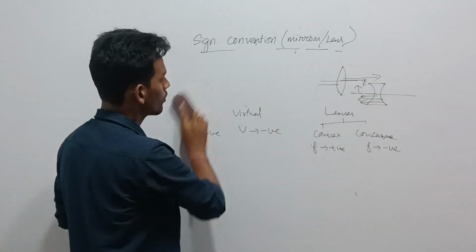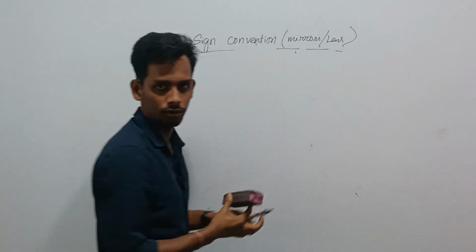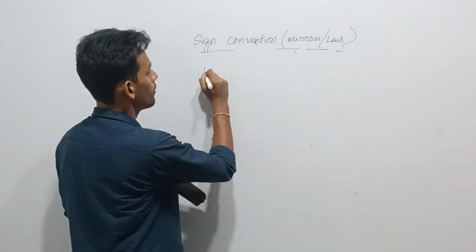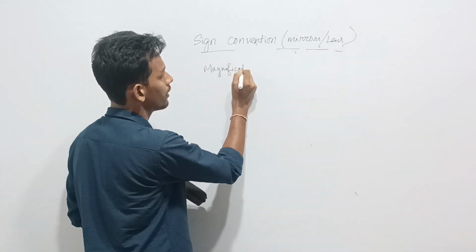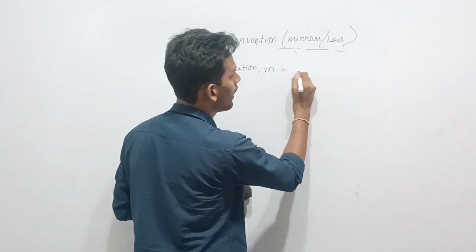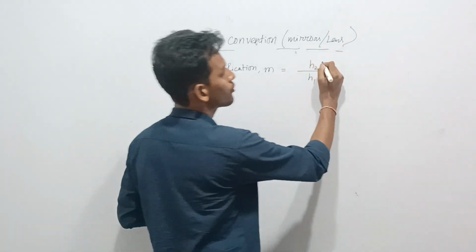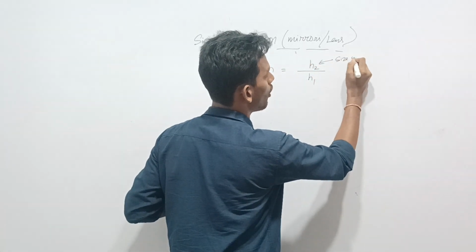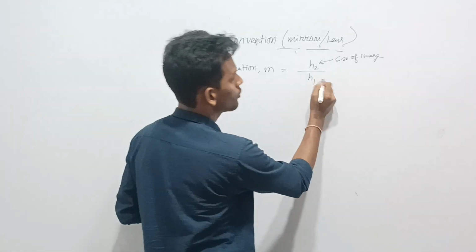Now along with the sign convention, you should know the formula for magnification also. Okay, what do we mean by magnification? Magnification, called M, you can find by this formula: H2 by H1. What is H2? This is the size of the image, or you can say the height of the image.